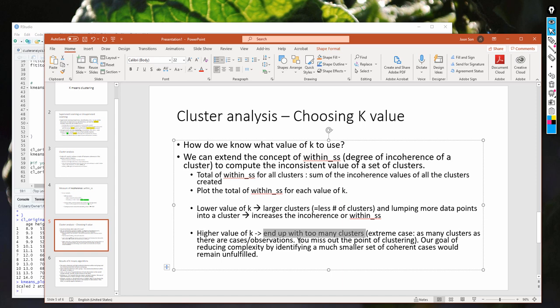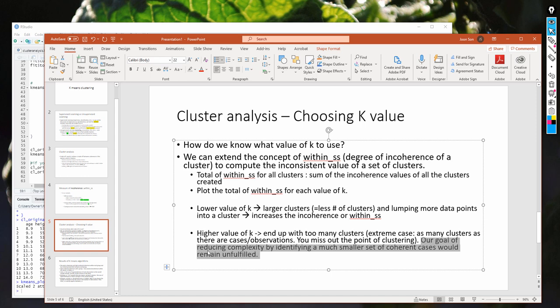Then basically you miss the point of clustering, so there's no point in doing clustering. If the k value is too high, you have a problem, because our goal is reducing complexity by identifying a much smaller set of coherent cases. So our goal of reducing complexity would remain unfulfilled, and it's not going to be satisfactory.